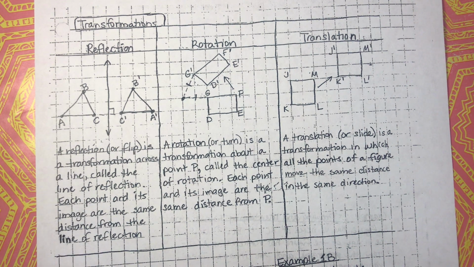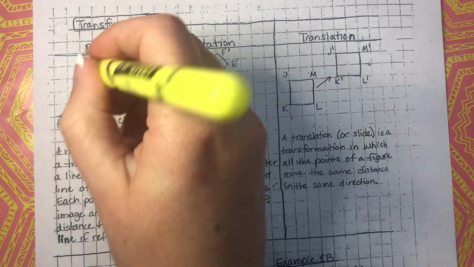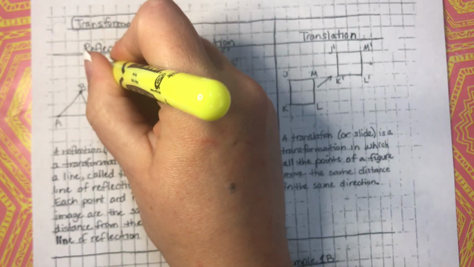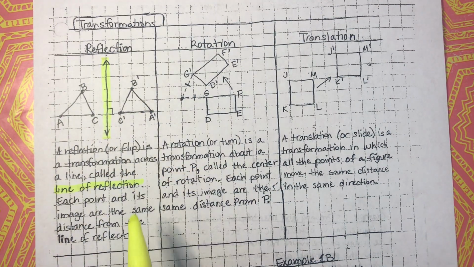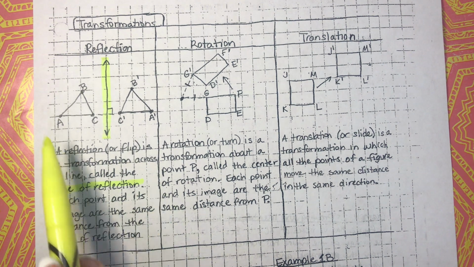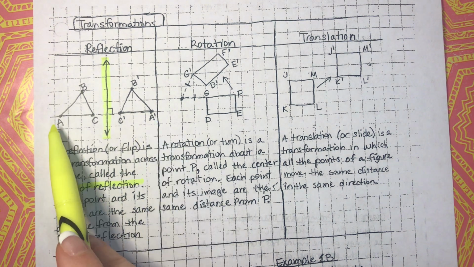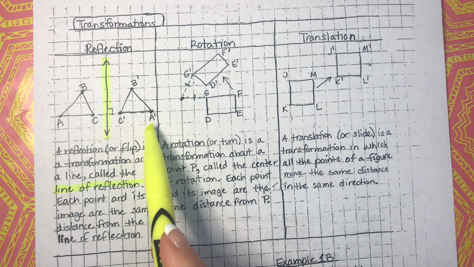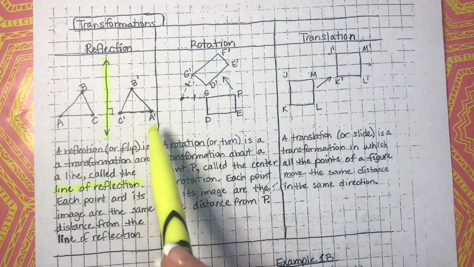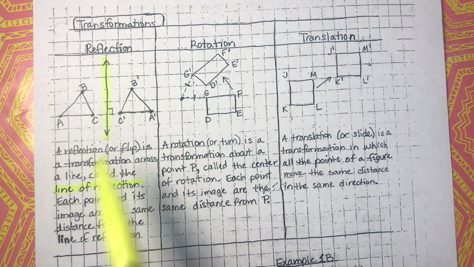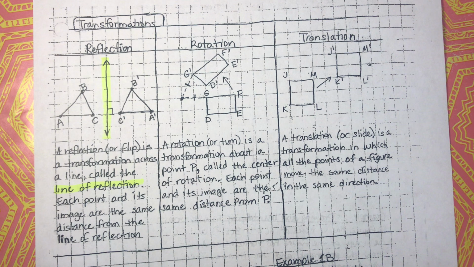Each point and its image are the same distance from the line of reflection, which is what we talked about.